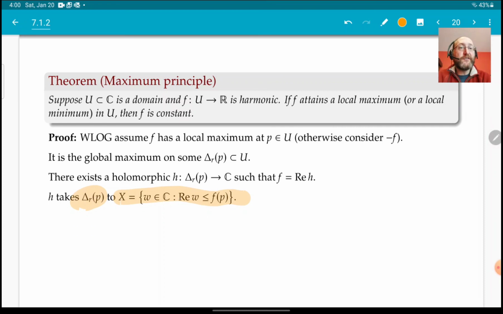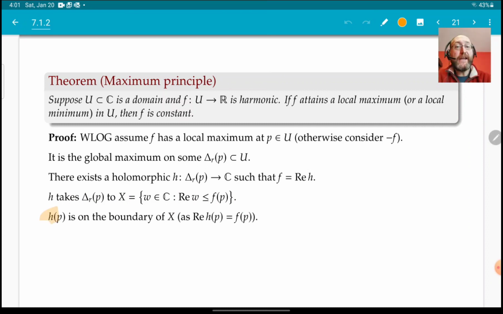Whatever the image is, all the real parts of H of something have to be less than or equal to f at P, because f at P was the maximum of the real part of H. But also, H of P is on the boundary of this set, because f attains the maximum there, and that point is clearly on the boundary of the set.